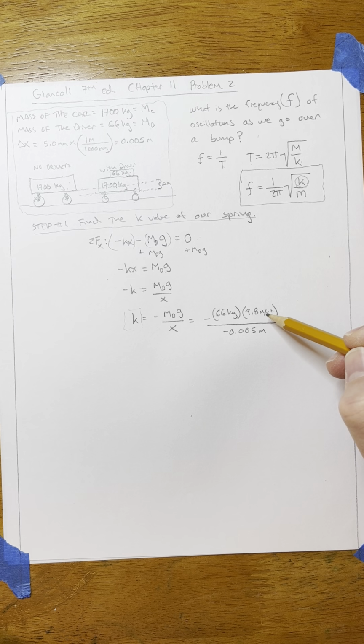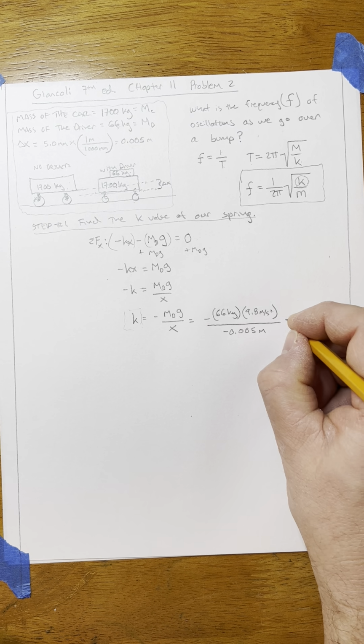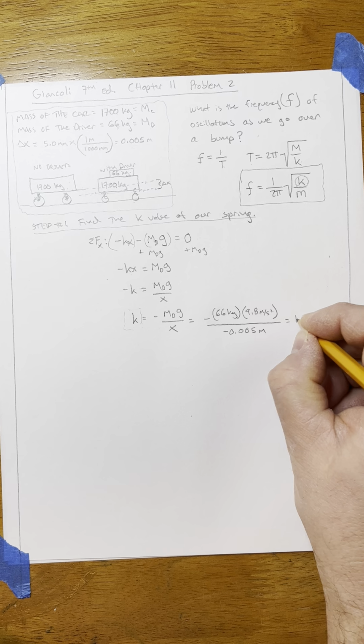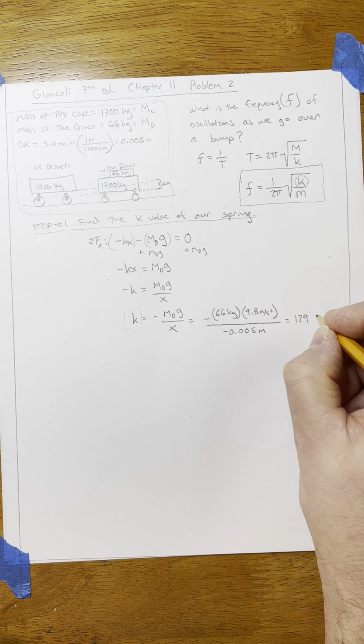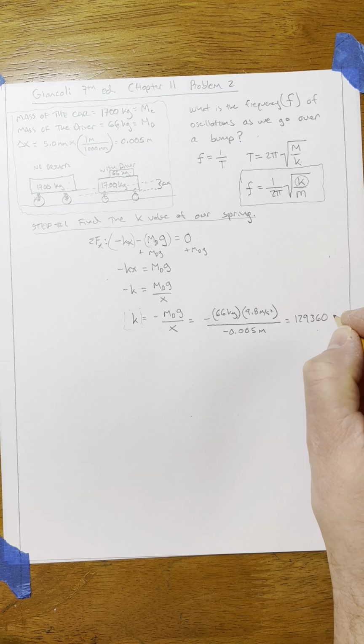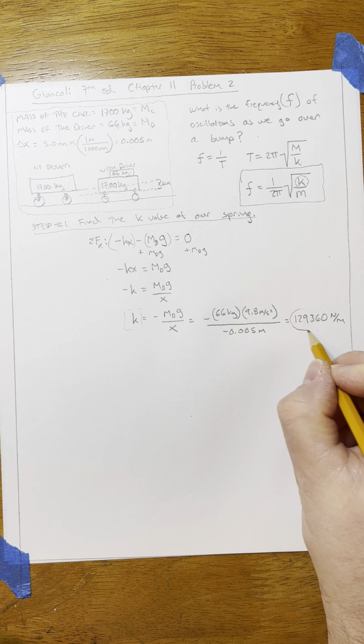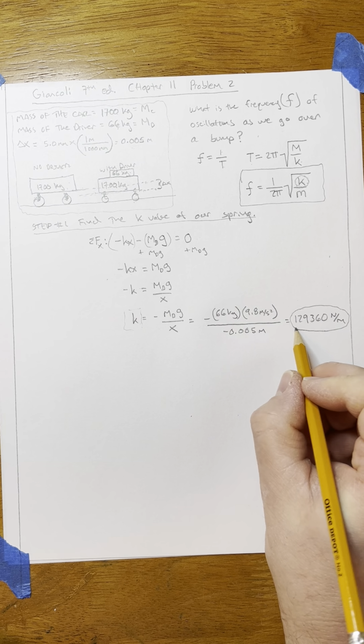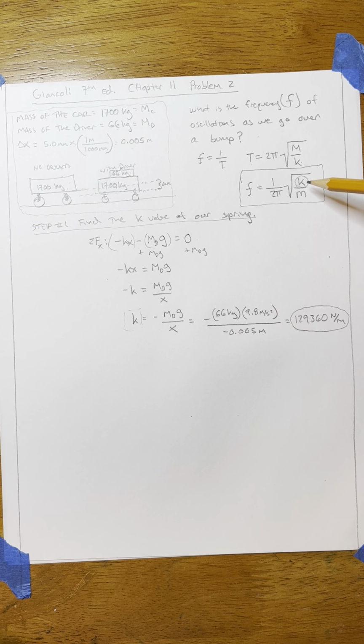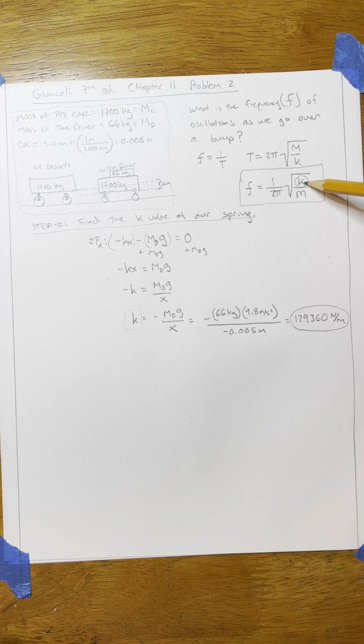And this will result in newtons per meter, which is the units for k. And we will discover that we end up with 129,360 newtons per meter for our spring constant. This is the value of k, our spring constant, that we need to place in this formula.